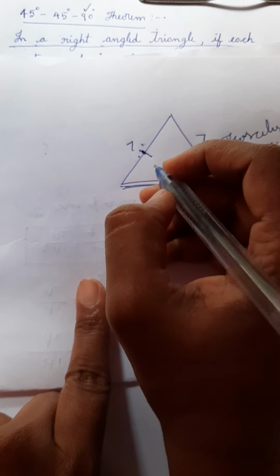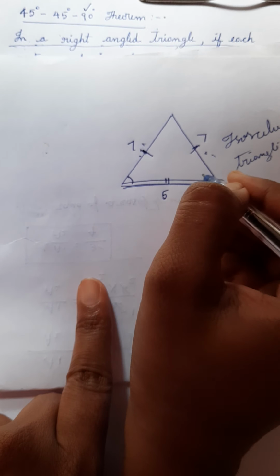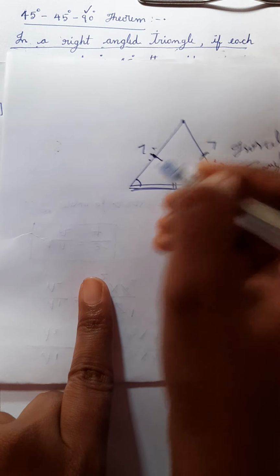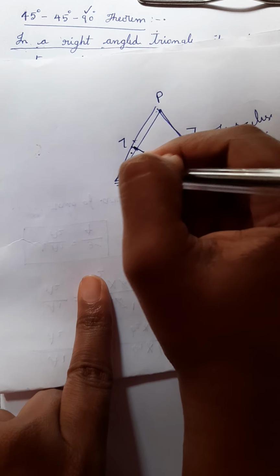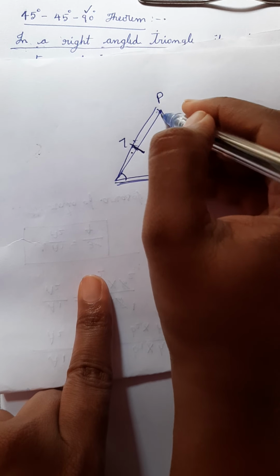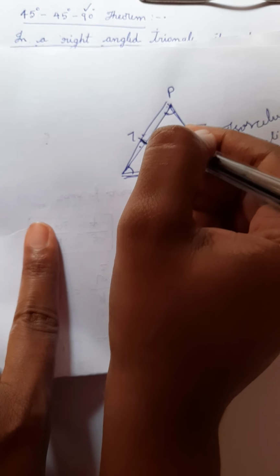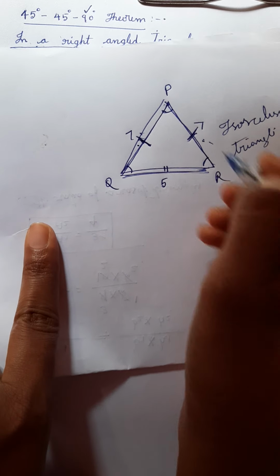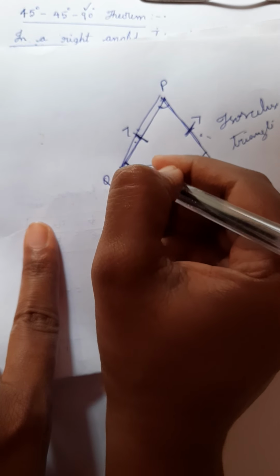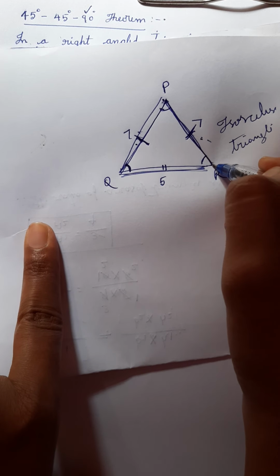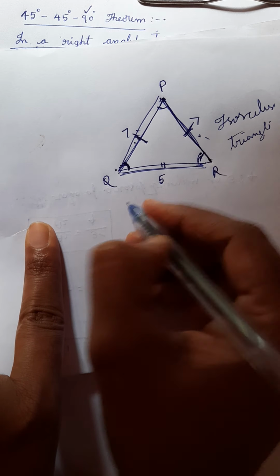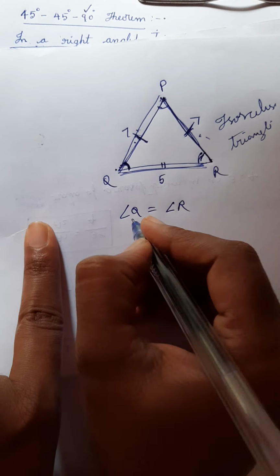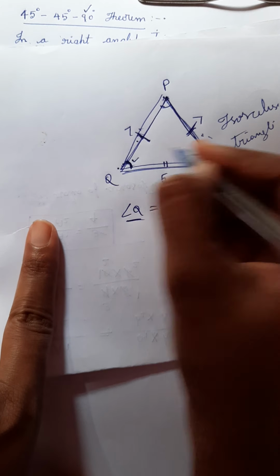In the isosceles triangle, these are the base angles. Base angles means, see, these two equal sides meet at one point, consider this as P. From P to wherever they meet, Q and R: angle Q and angle R. So angle Q and angle R are equal.